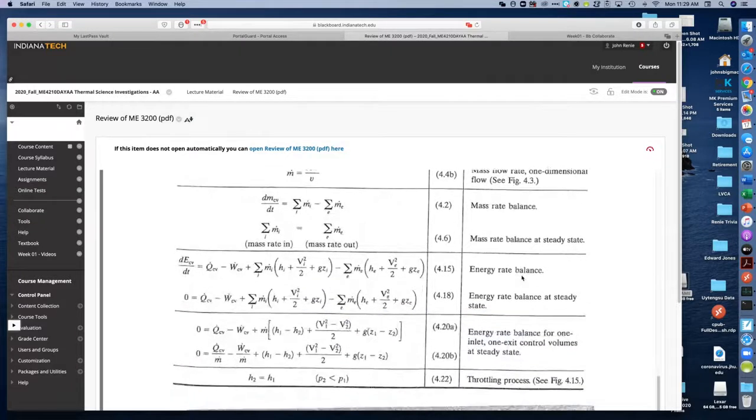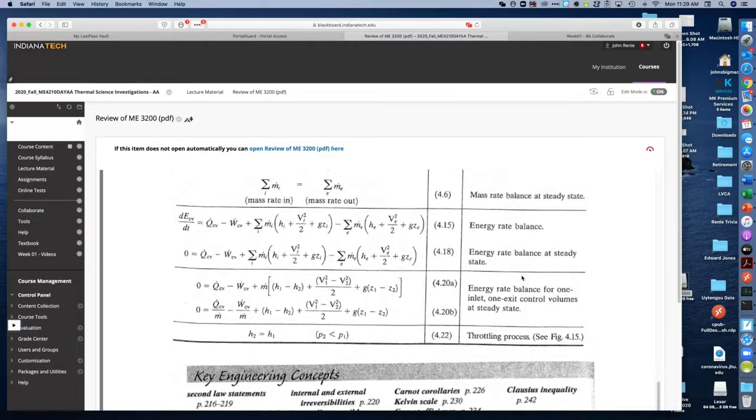Now, when we apply the conservation of energy to the fluid going through a control volume, we arrive at the energy rate balance, where if we assume non-steady, the left-hand side just is equal to the time rate of change of the stored energy within the control volume, and that is related to the rate that heat transfer is going into the control volume, and the amount of work that the control volume is doing to the environment.